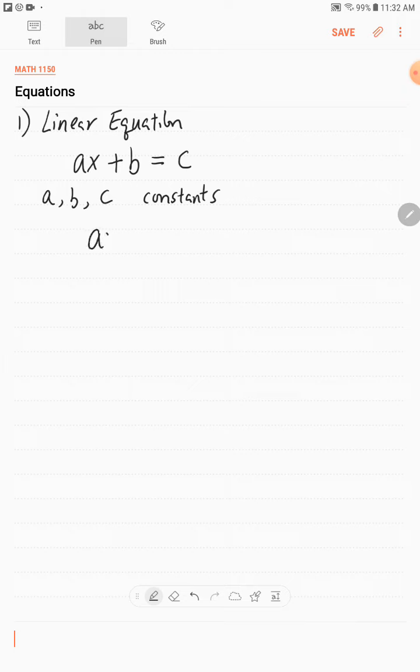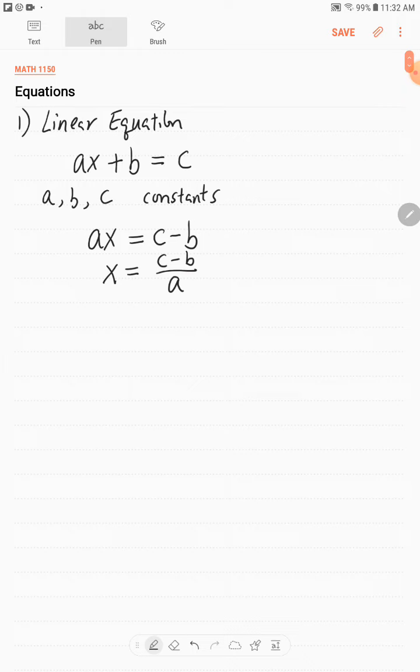So you have ax equals c minus b, right? Then you divide by a on both sides. So c minus b, then divide by a. So this is the solution. So here we assume a is not equal to 0. Okay, so now let's look at some examples.